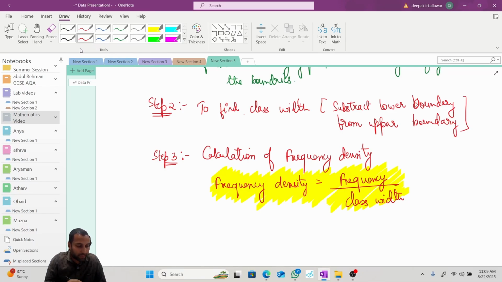Now, step 4, now you need to draw the histogram. The data values go on the x axis. So, I will just write it down.